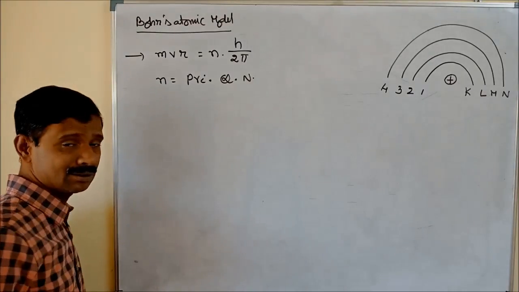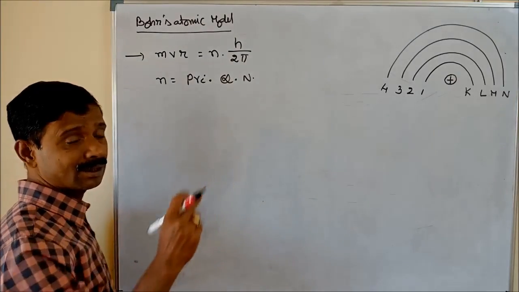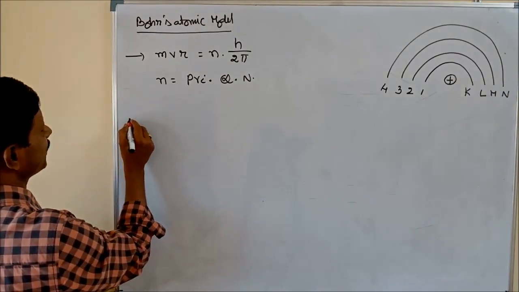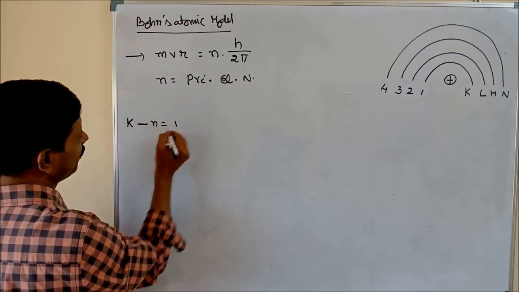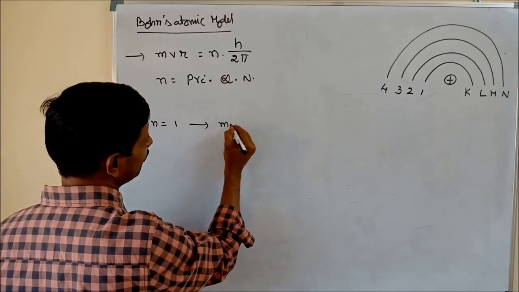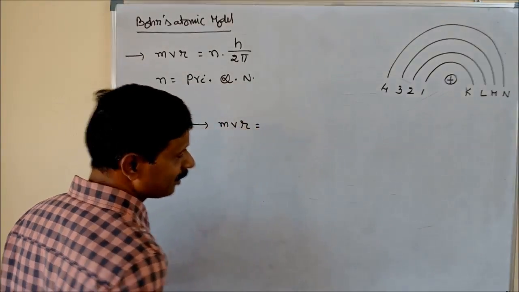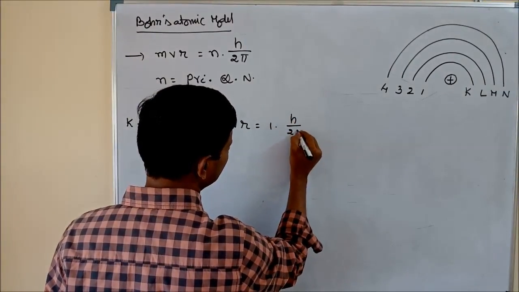Now, based on this, in objective pattern, suppose the electron is in the first orbit. In the first orbit, means K shell, n equal to 1, so angular momentum mvr equals 1 into h by 2 pi.